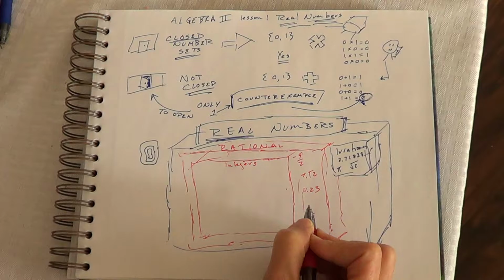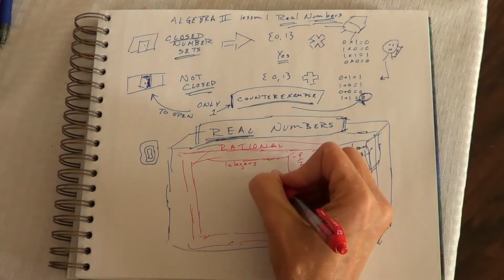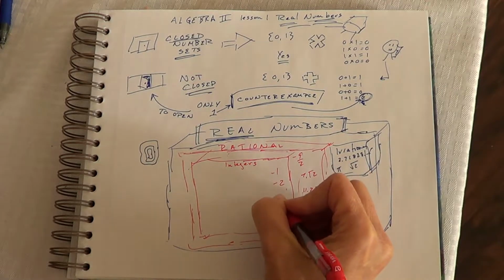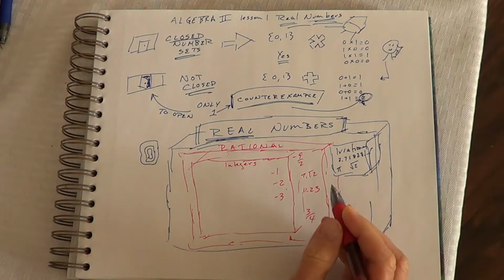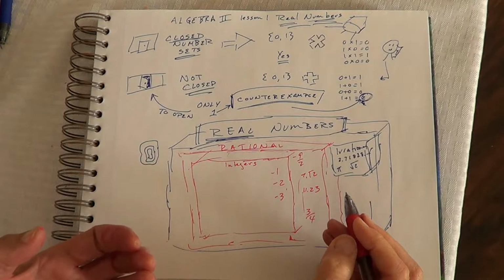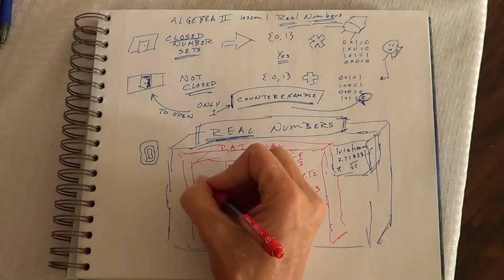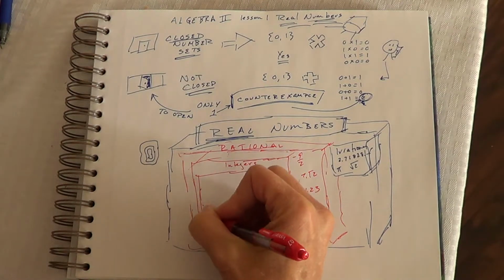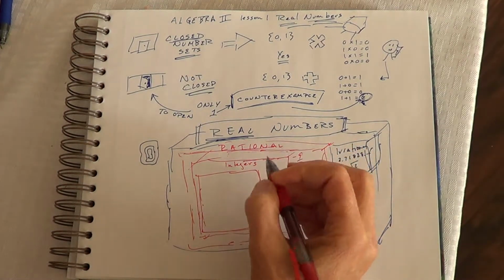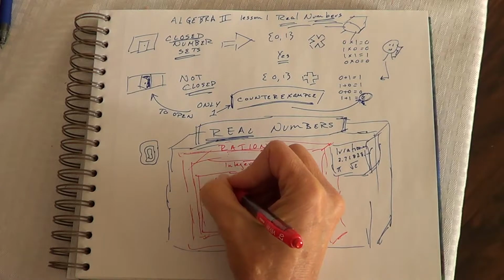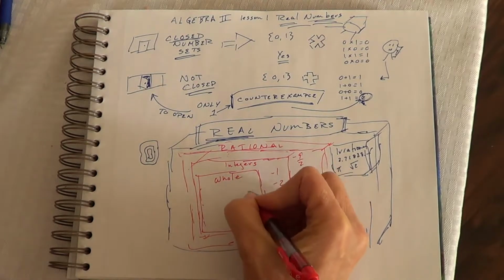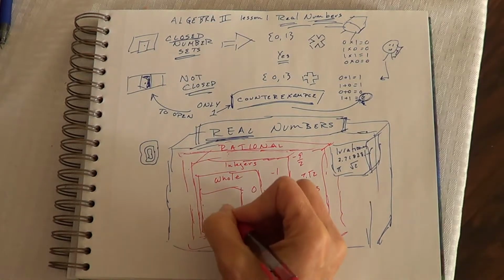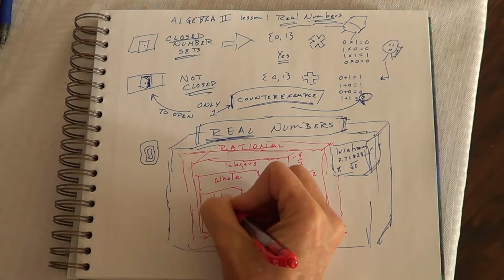Now, integers happen to be our negative whole numbers, which I know doesn't quite make sense mathematically, but it is the numbers without the fraction. They're negative. It also contains whole numbers. Whole numbers include 0, and inside of it is contained natural or counting numbers.